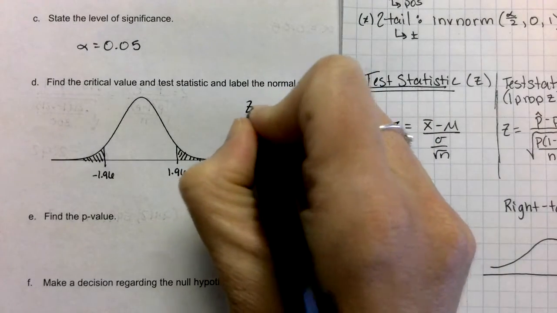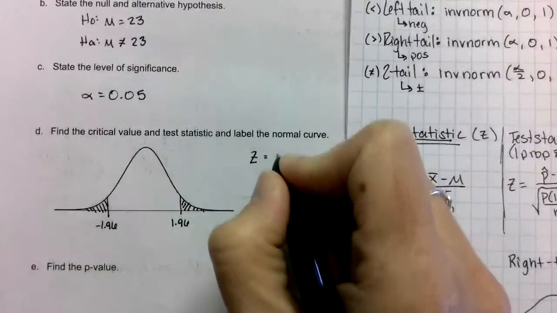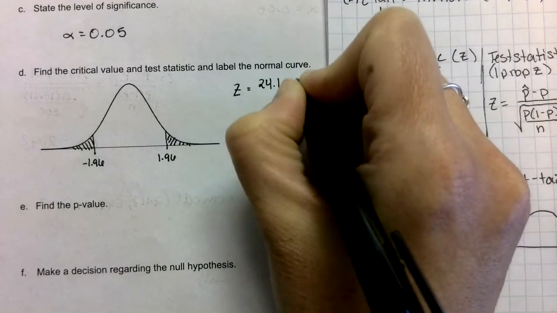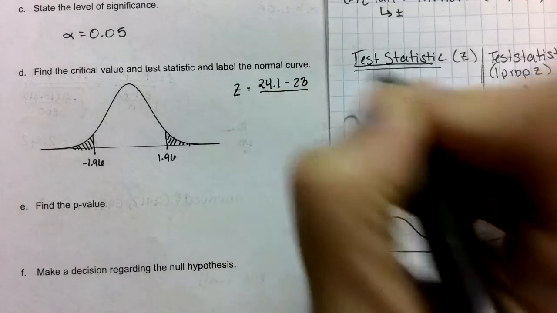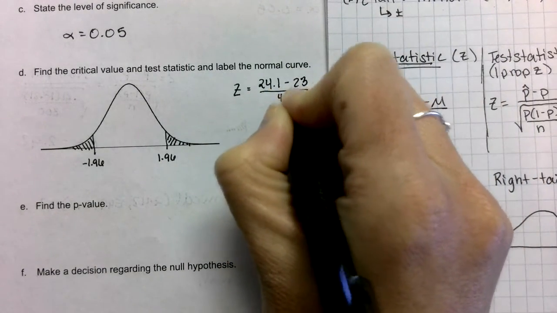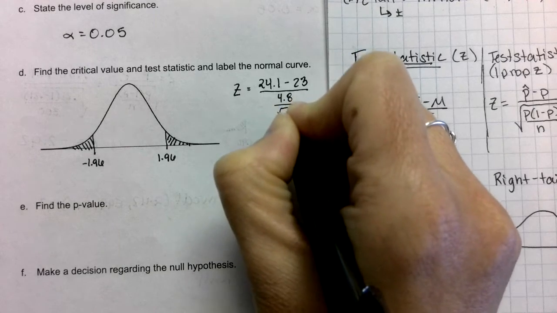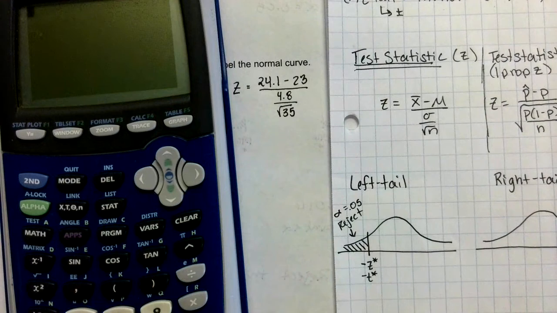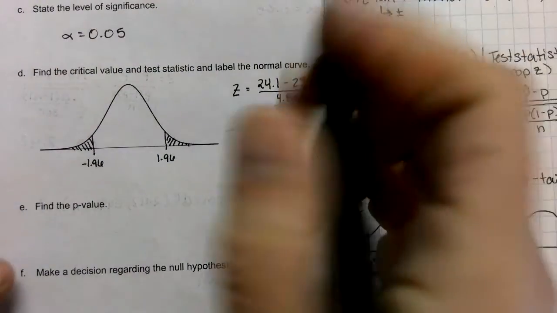My formula says we're going to do the sample mean, which was 24.1, minus mu, which was 23, divided by sigma over the square root of n. Okay, so I got 1.36.